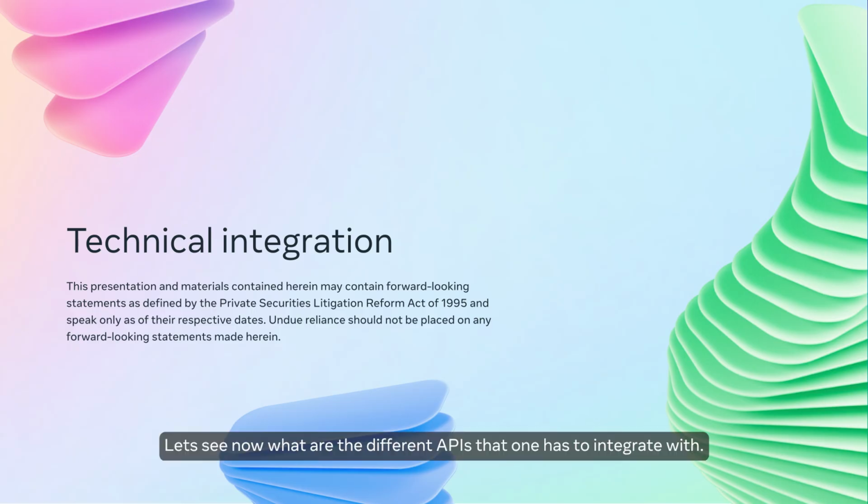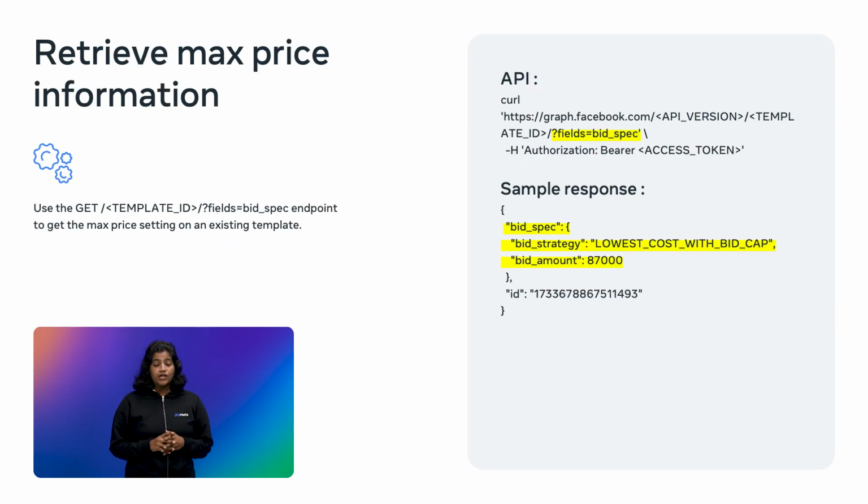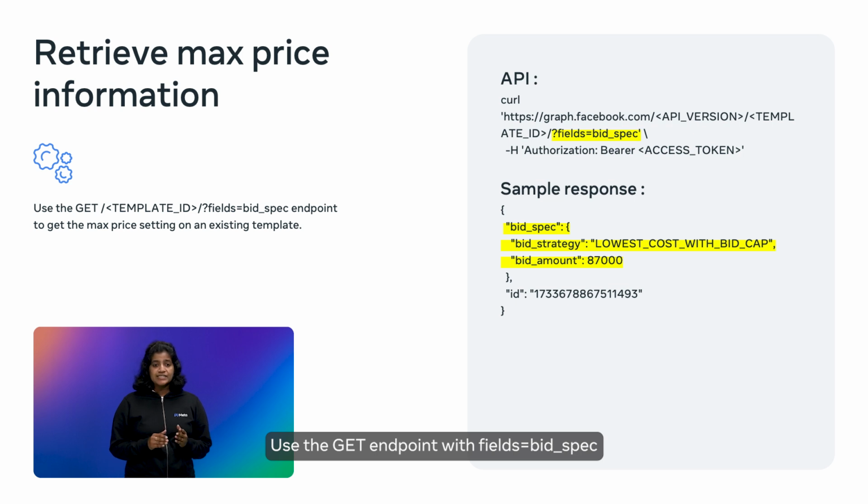Let's see now what are the different APIs that one has to integrate with. To create a template with max price, use the post message templates endpoint and include the bitspec object in the request body. If bitspec is not included, the template uses standard rate card pricing, which is business as usual. Use the get endpoint with fields equal to bitspec to retrieve the max price setting on an existing template.